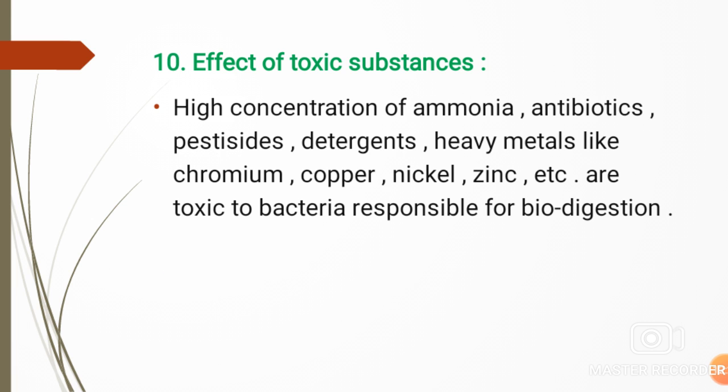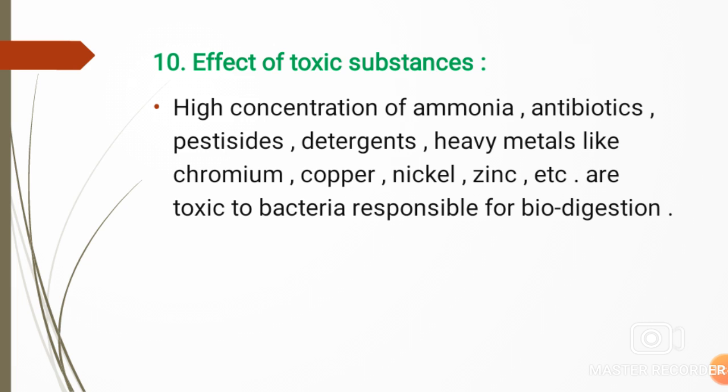Next and last factor is the effect of toxic substances. As we mentioned already, the biomass is used from a variety of fields, such as the agricultural field, sugarcane factory, food waste, kitchen waste, cattle dung.